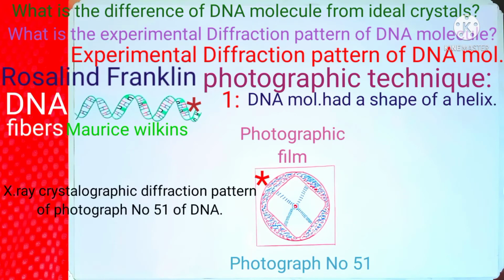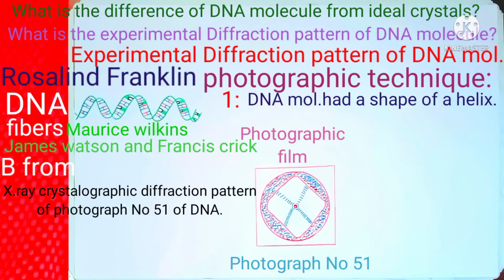So this is the X-ray crystallographic diffraction pattern of Photograph 51 of DNA, accomplished by Rosalind Franklin in 1952. That is known as the B form. Both scientists, James Watson and Francis Crick, were struck by the simplicity and symmetry of this pattern.